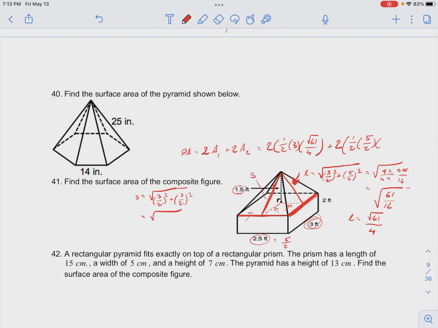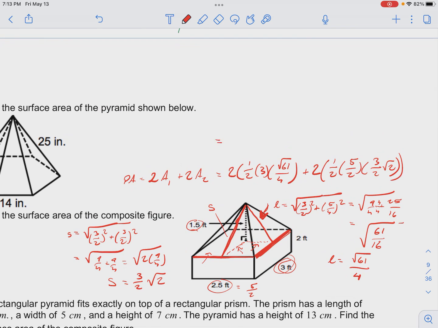Now we can simplify this to 9 over 4 plus 9 over 4, which is the square root of 2 times 9 over 4. Pulling out 9 over 4 from under the square root, we have 3 over 2 square root of 2 as our length for S. So plugging that back into here, we have 3 over 2 square root of 2 for the area of that triangle.